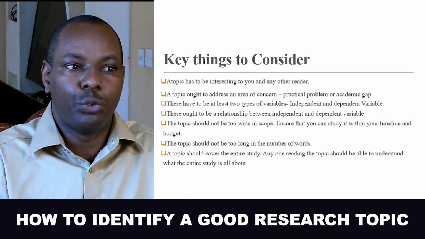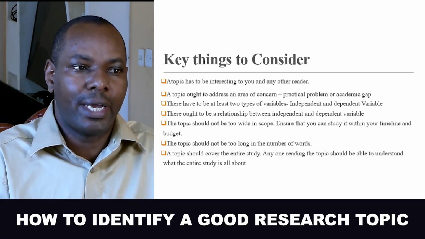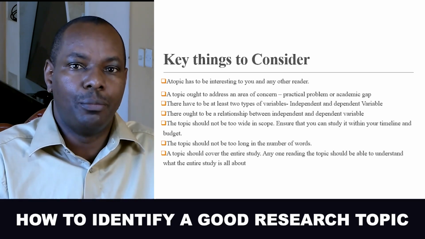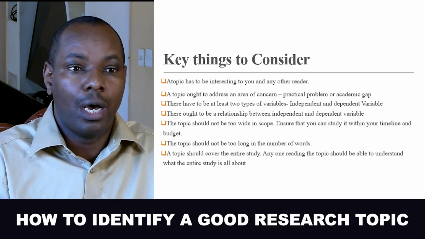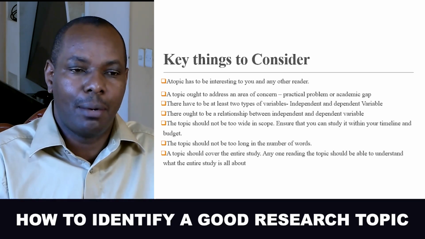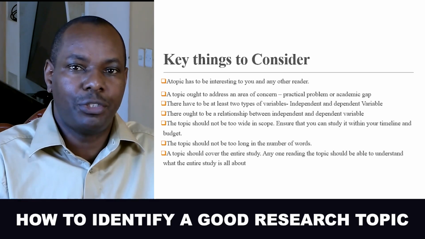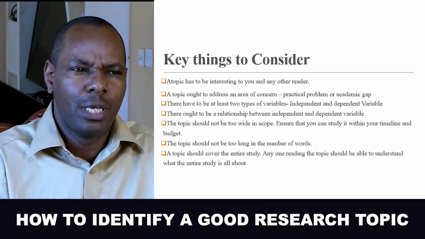A topic should cover the entire study. So ensure that when you are phrasing your topic, everything is included. The entire study is included in that topic, so that if there is a moderating variable, it is also captured. The two variables, the independent and dependent variables, are also captured in your topic.